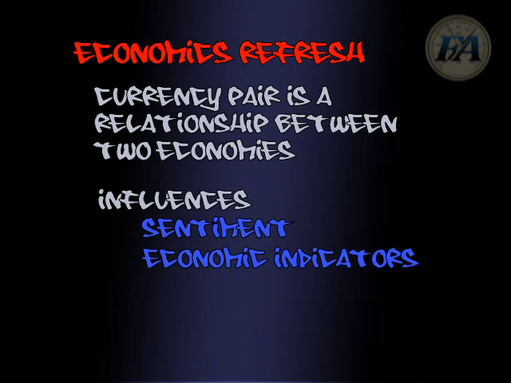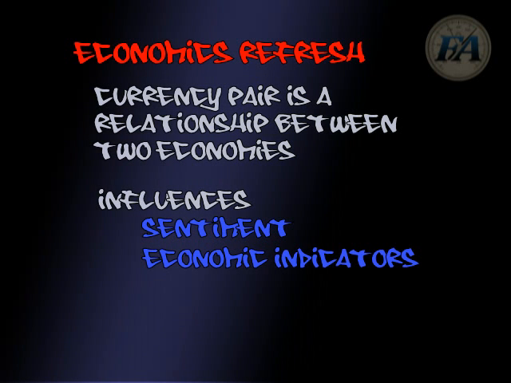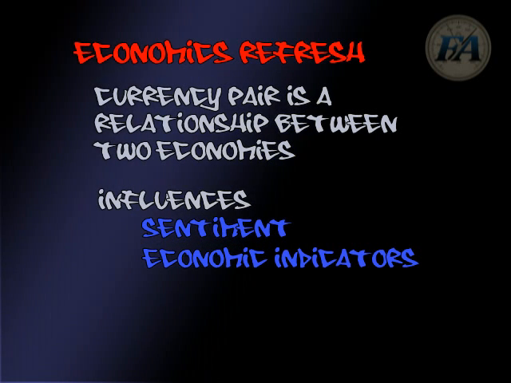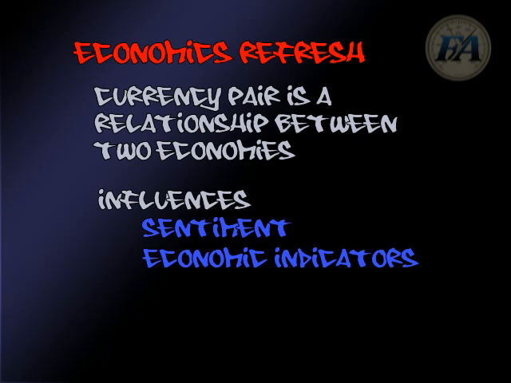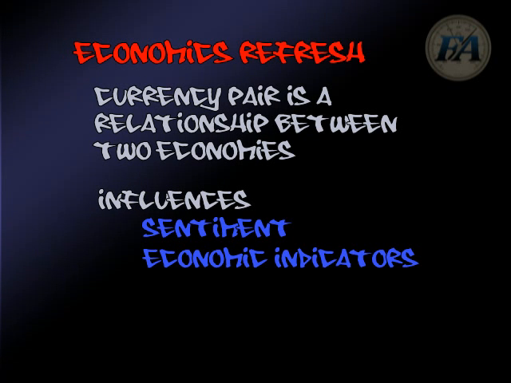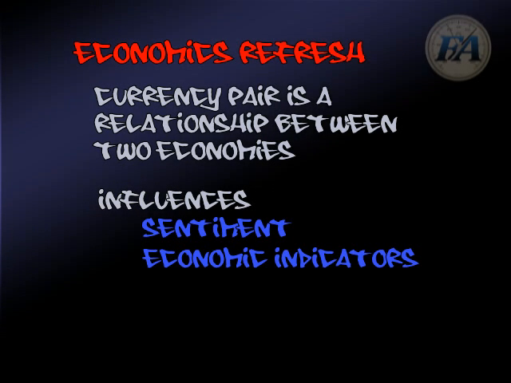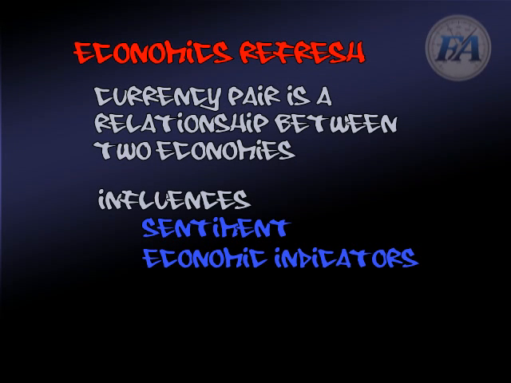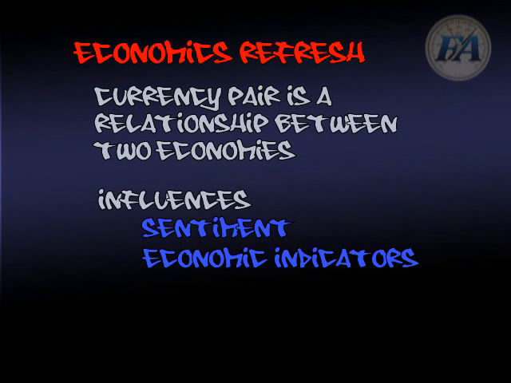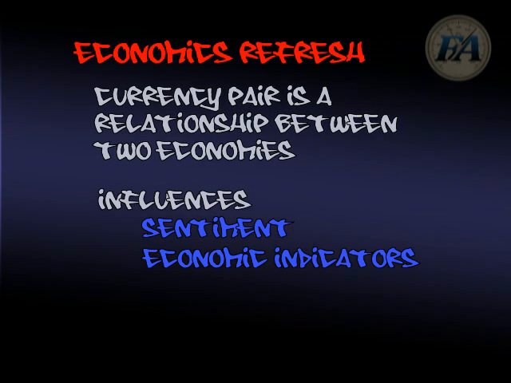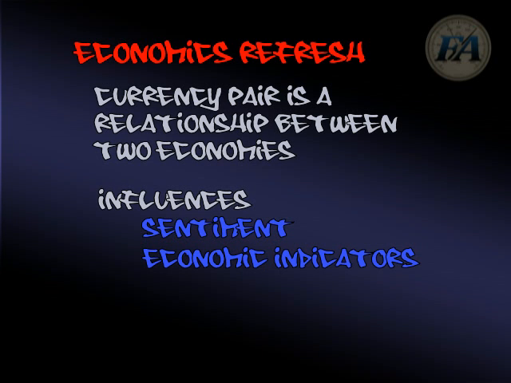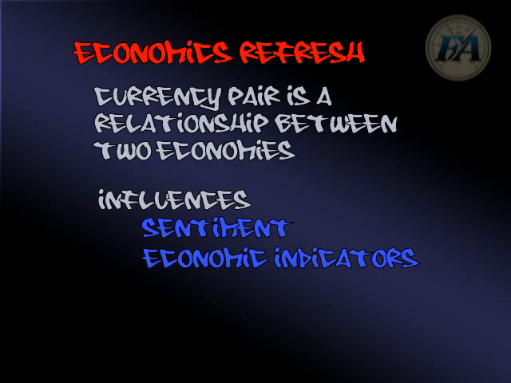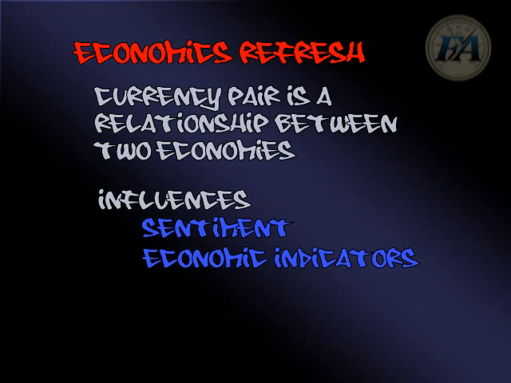Almost always will there be some expectation about the outcome of these indicators. And almost always will this expectation be factored into the market already. If, therefore, the actual numbers don't match with the expectations, which often happens, markets react, sometimes violently.